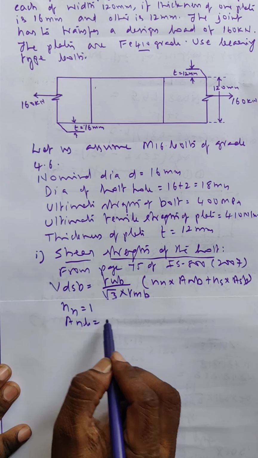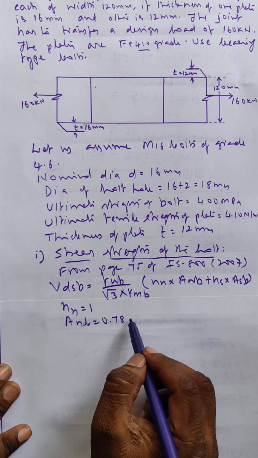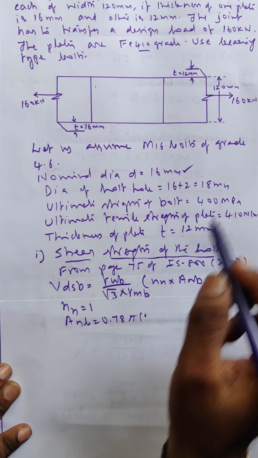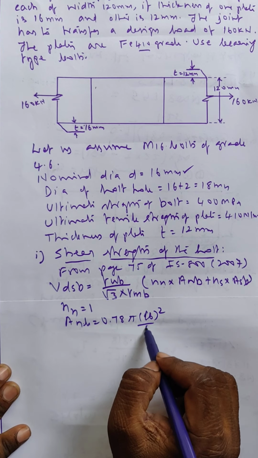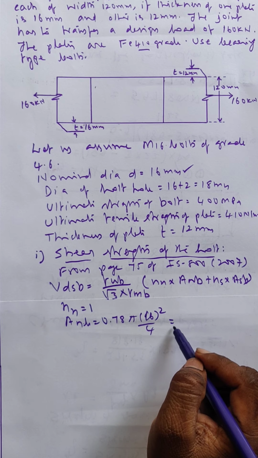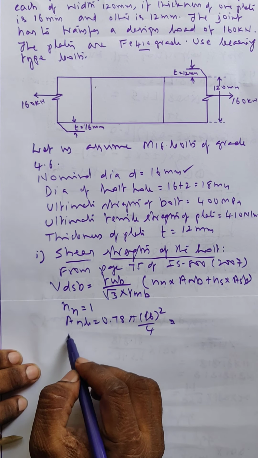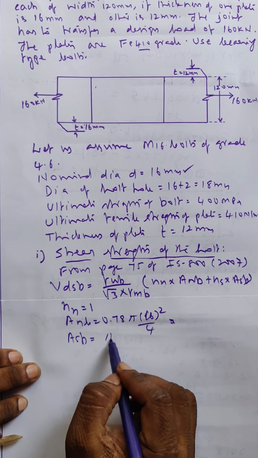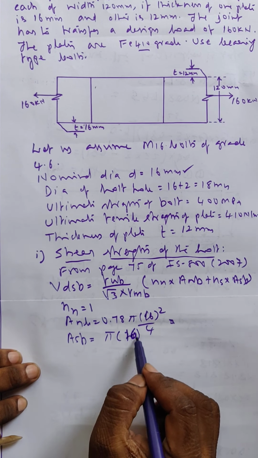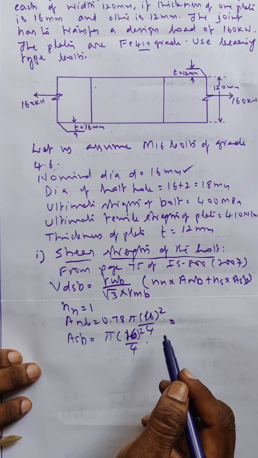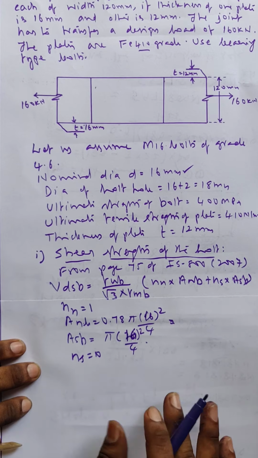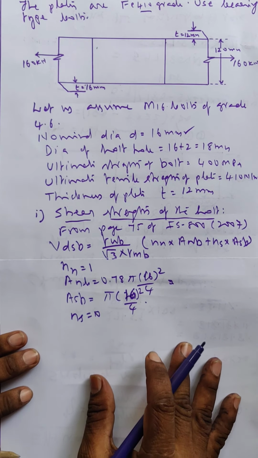A_nb equals 0.78 times the gross area of the bolt, pi into diameter, now 16 mm, 16 square by 4. Next, A_sb, the gross area of the bolt, is pi into 16 square by 4. Now I am substituting n_s equal to 0 and the values here.